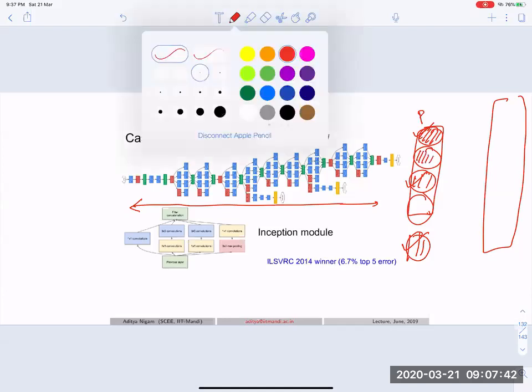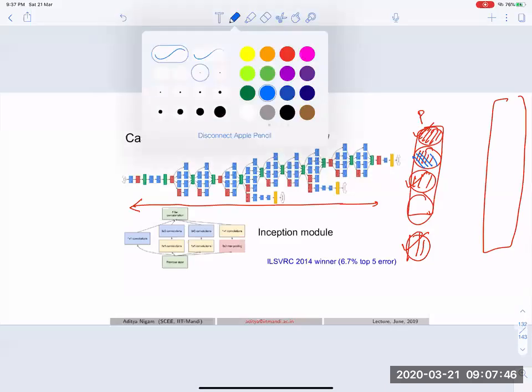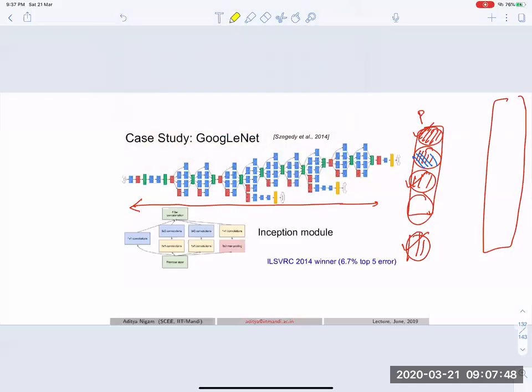For a car, maybe this neuron and this neuron fire. So why are they firing? Because there are some common features in cat and leopard, and because of that, a few same neurons fire and a few different neurons will fire.